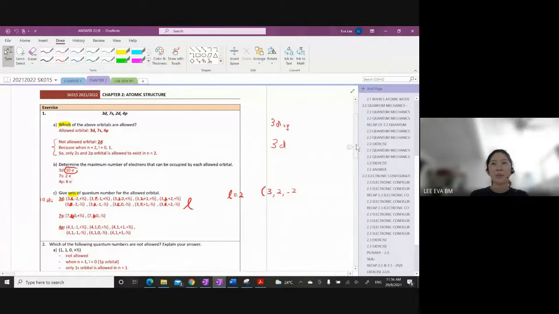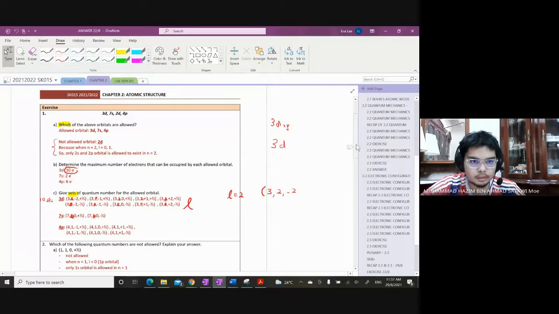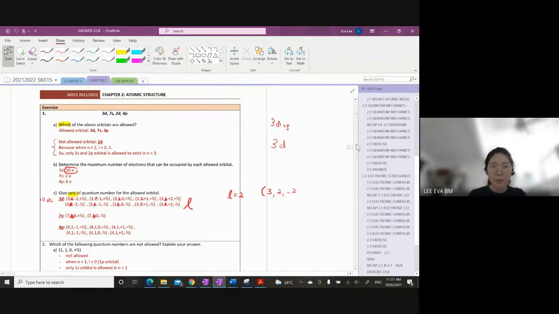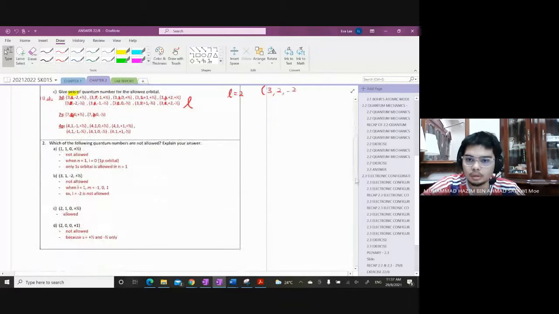If let's say you write n equals to something, l equals to something, that one is a list only. That is not considered a set. It won't affect the answer, but it affects the presentation of the answer. So when you have the set, you have to write in brackets. Otherwise, we'll call that one just a list, not a set. Okay? Alright, noted.